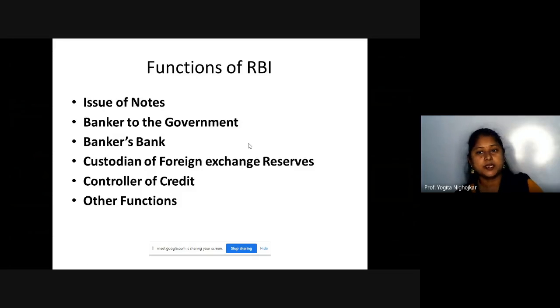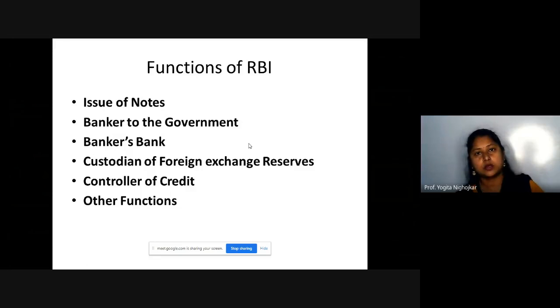The RBI undertakes the responsibility of controlling credit created by commercial banks. RBI uses two methods to control the extra flow of money in the economy.